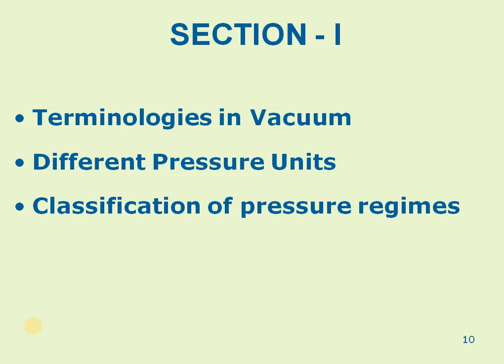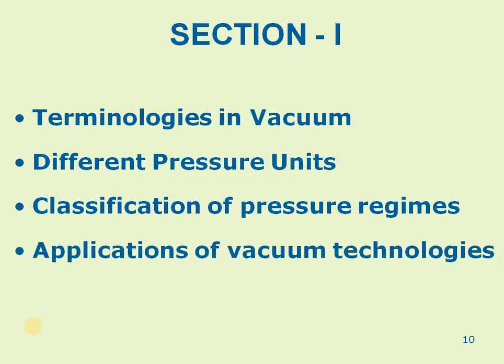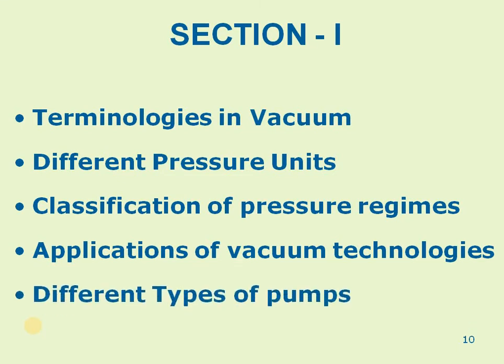So we will have a look at different pressure designs, and some applications of vacuum technology we will also discuss. The core area of this unit is the study of different types of pumps: working, design, construction, like that. These are the main contents of this particular unit.